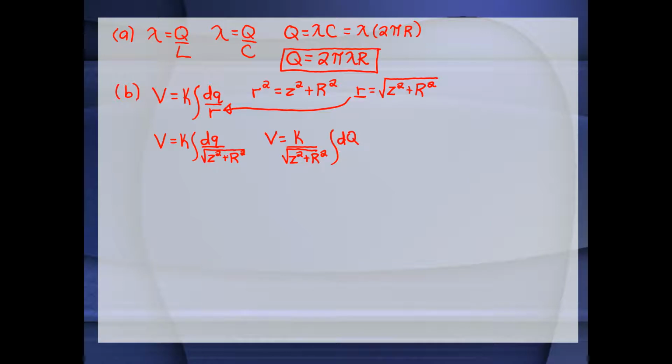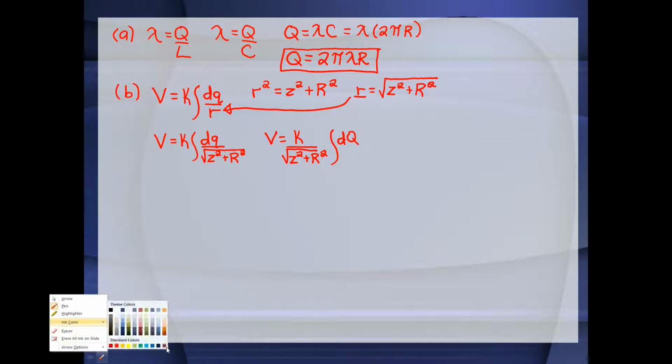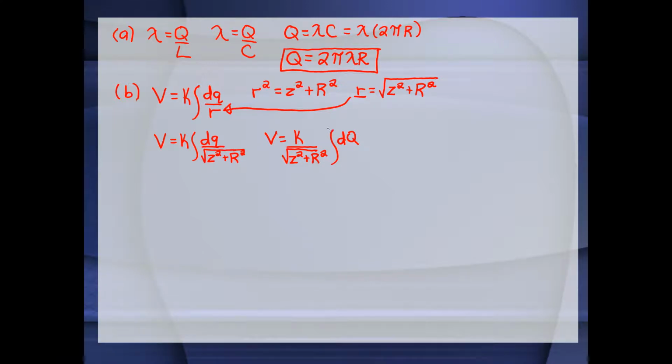It should be pointed out here that this integral of dq, we don't actually have to evaluate it, we just need to understand what it means. It basically just means take the ring, break it into a bunch of infinitely small chunks dq, and then add them all back together. So this is just going to represent the total charge of the ring.